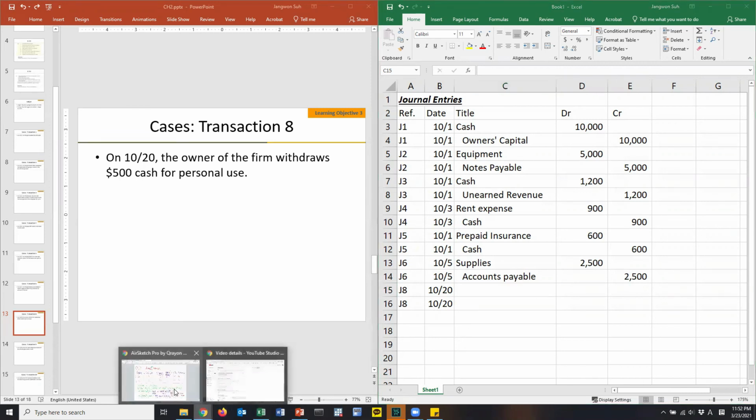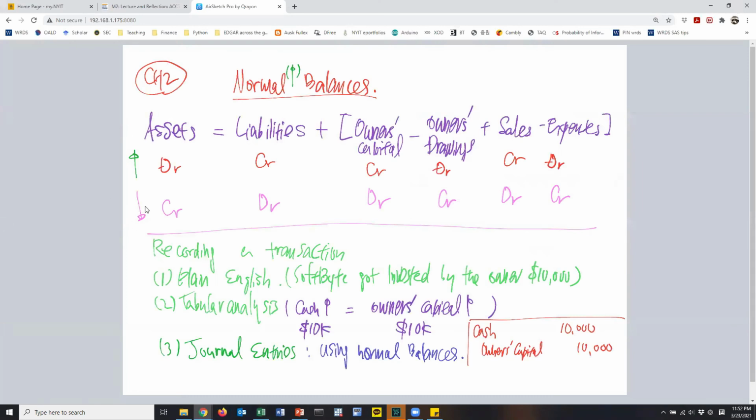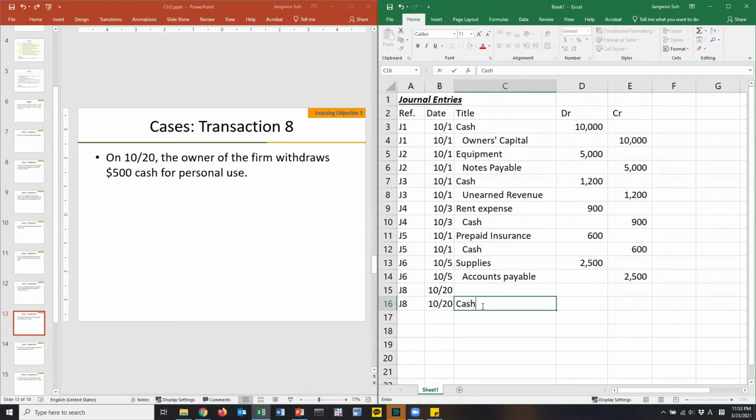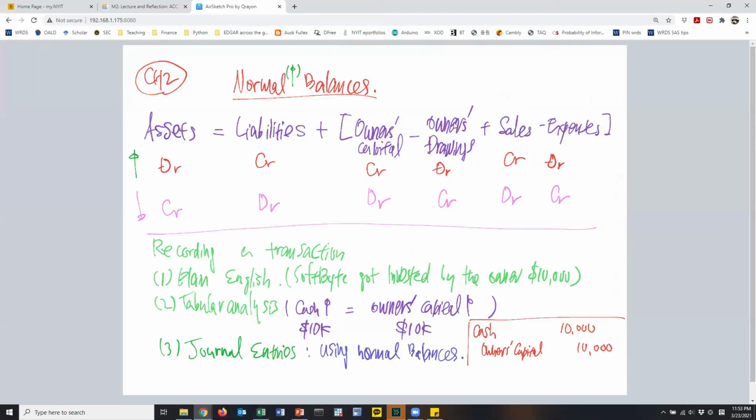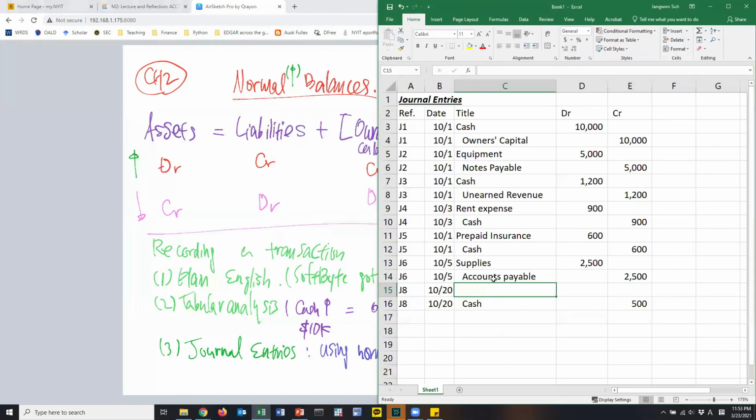Therefore, asset item decreases should be credited. Yes. Cash. How much? 500. For what? Because the owner withdraws cash, or owner's drawing is increasing. Owner's drawing increase should be debited. Okay. So we debit owner's drawing.